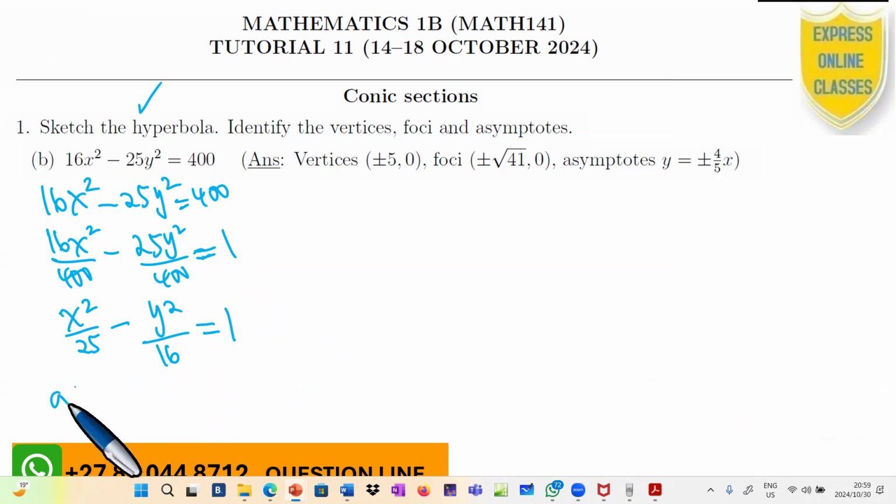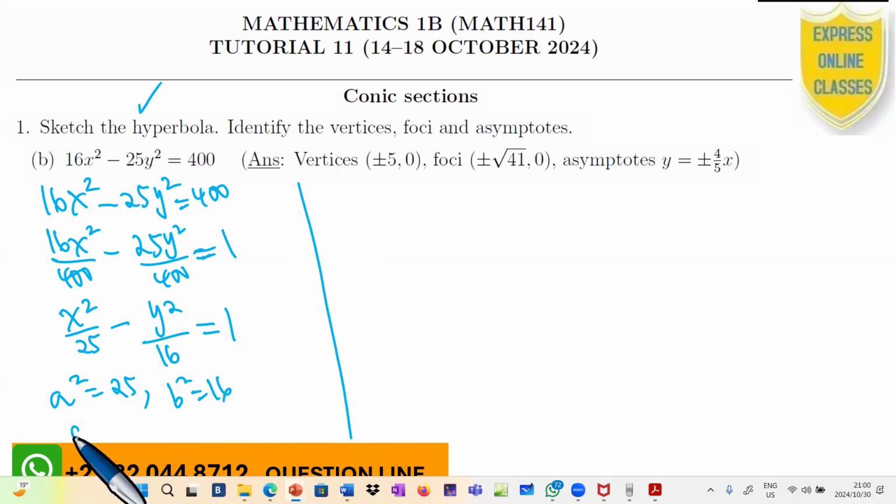So that our a is always on the positive term. So a squared is 25, the b squared is 16. We're following the textbook's approach to this, meaning a is 5, we take the square root, b is 4.